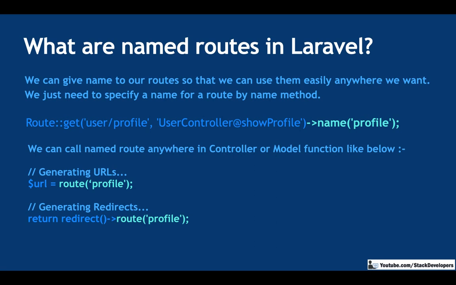We can redirect like we used to redirect from one page to another in our Laravel e-commerce website, and it is an easy way to redirect. If we have given a name to our route, then we can easily redirect there, like return redirect()->route('profile'). We need to call that route name, that is profile.